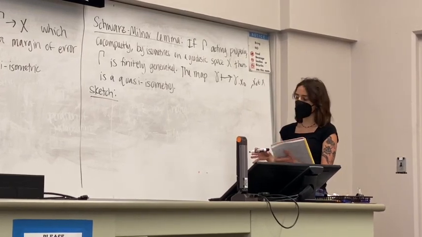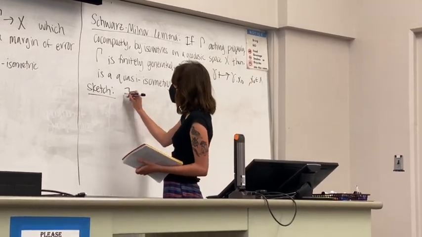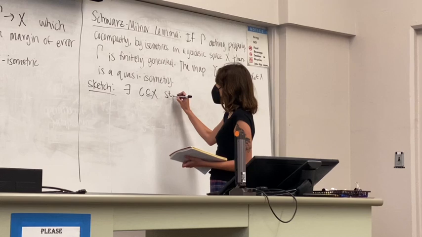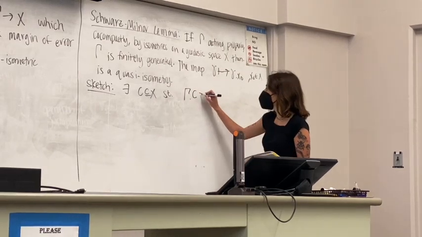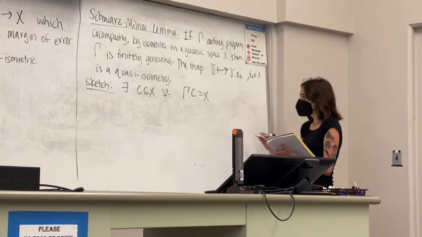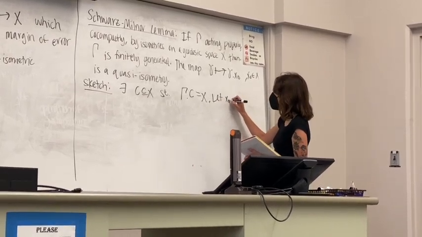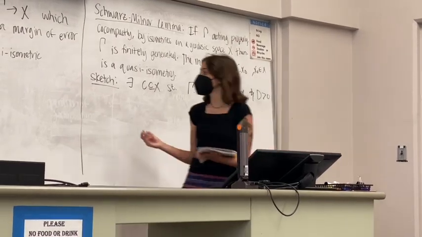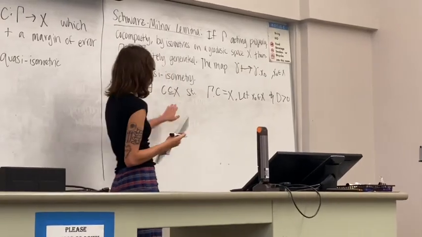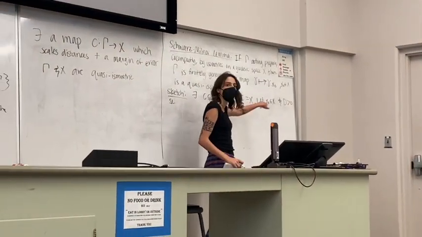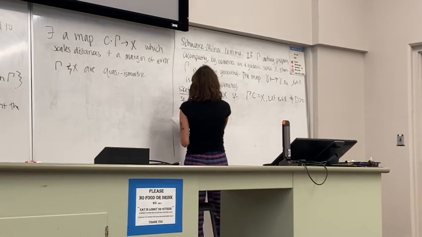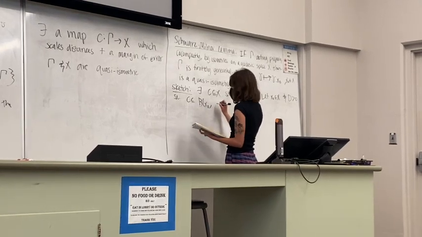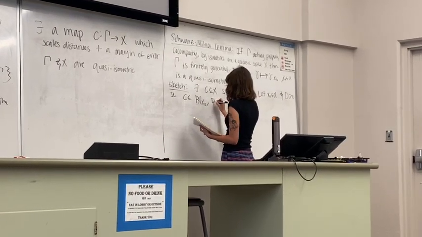Using the fact that the action is co-compact, we can say that there exists a compact set C, subset of X, such that gamma applied to C is equal to the whole set X. Then we let x naught be in X and D be a real number greater than 0, such that our compact set, which demonstrates co-compactness, is a subset of the open ball centered at x naught of radius D over 3.